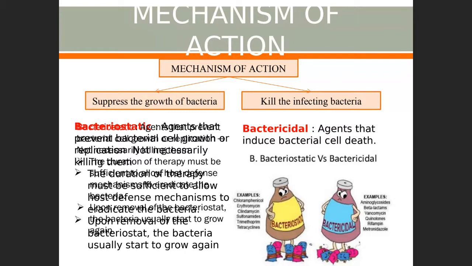These antibiotics completely kill the bacteria. So these are the names allotted according to their mechanism of action. If their mechanism of action is only to prevent the growth, then they are known as bacteriostatic. If their mechanism of action is to kill the bacteria completely, then they are known as bactericidal.